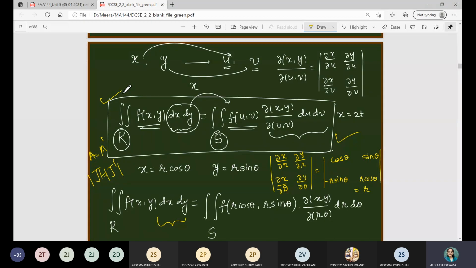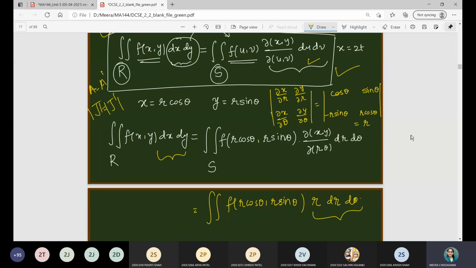It means for any transformation you consider, the corresponding change of the integration is given by this one. Right now, since we are dealing with polar coordinates only, you remember dx dy will be changed to r dr d theta. That is the corresponding change while we convert Cartesian coordinates into polar coordinates.